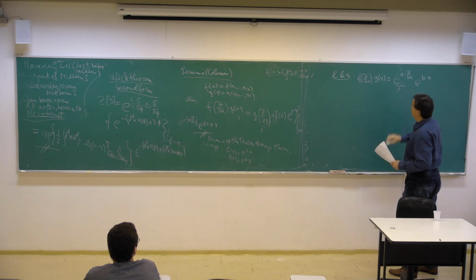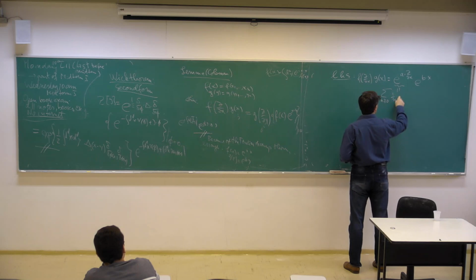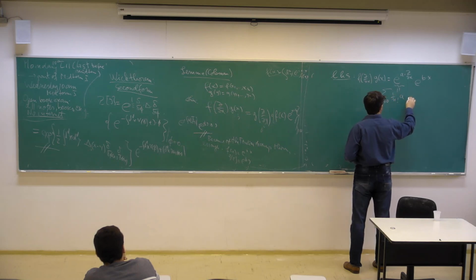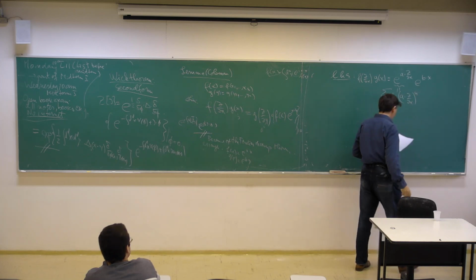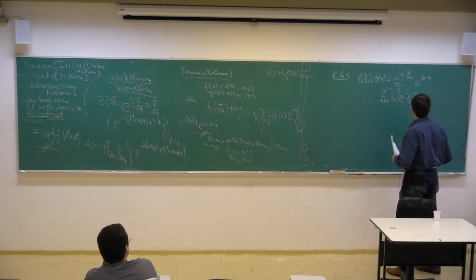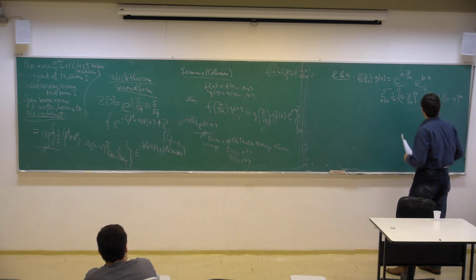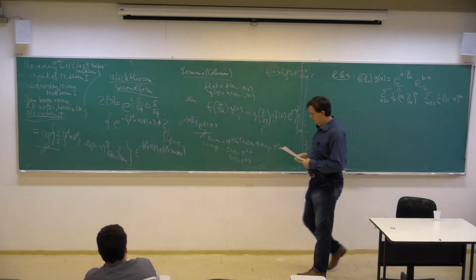And this itself just means sum over n, 1 over n factorial, a dot d/dx to the n, and then this thing here, sum over n, 1 over n factorial, b dot x to the n.